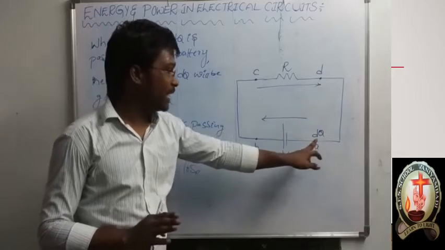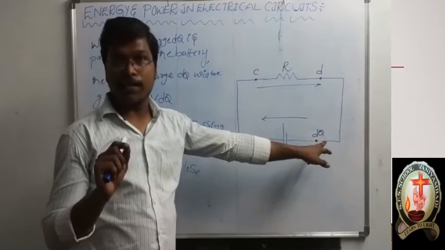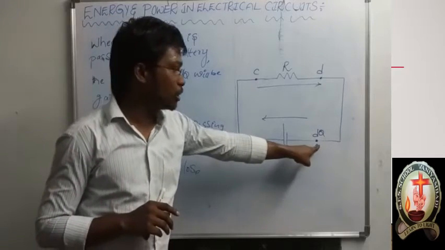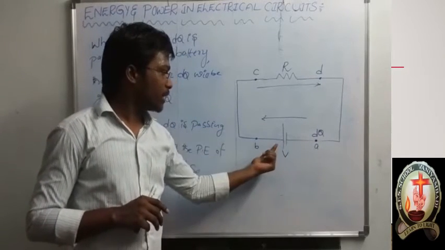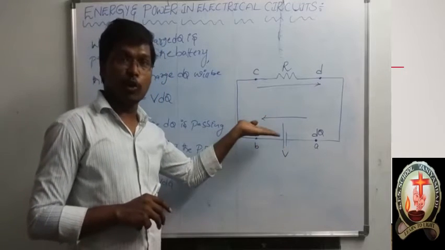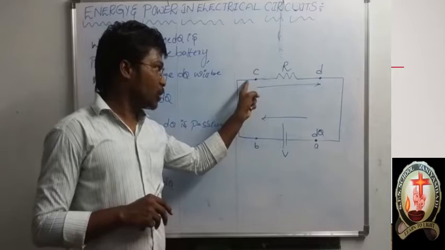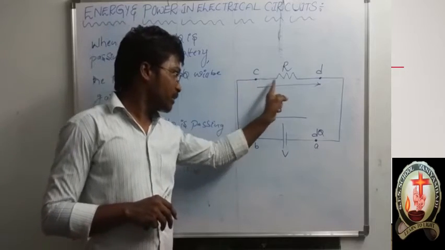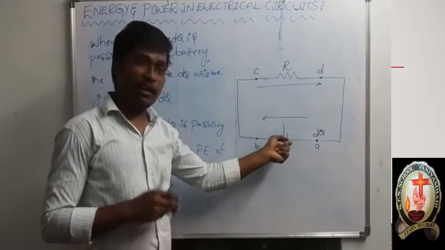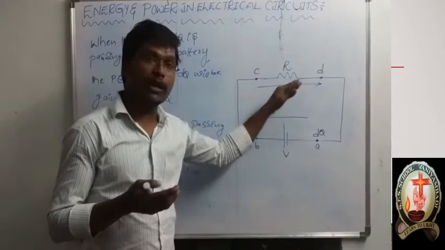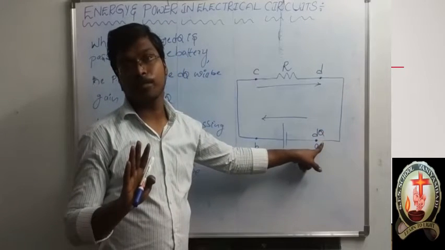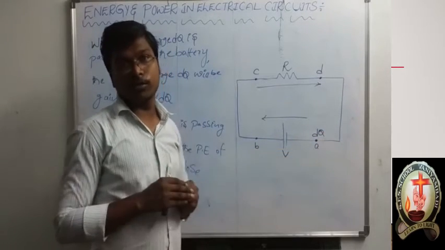Suppose initially this charge has 10 joules of potential energy. When it crosses the battery, it gains 5 volts, so total 15. Again, when the charge is passing through this resistor, how much is lost? 5 joules. That 5 joules will be lost here, and finally it will reach the same 10 joules again. I hope you understood this.